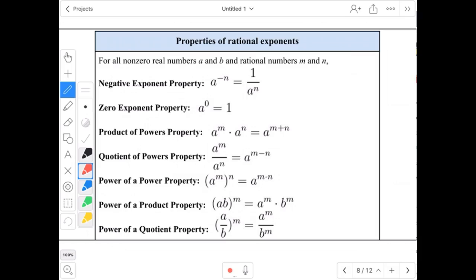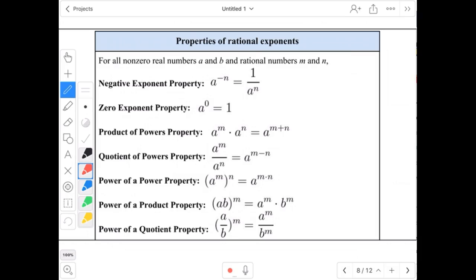All right, now here are the properties that you should probably take a look at, and I would pause the video, take a minute to look these over, because you're going to be using all of these properties in the next couple of problems or so. Zero exponent property, remember anything to the 0 power is 1.